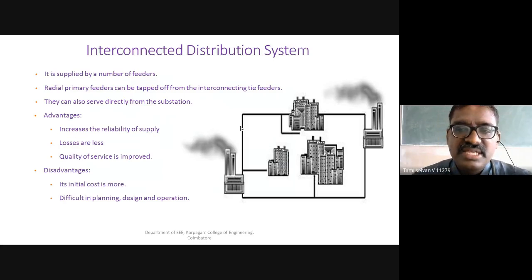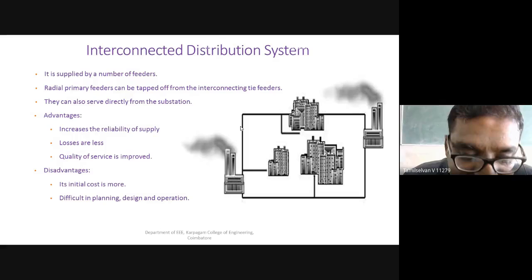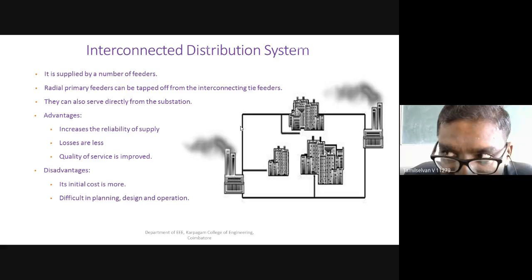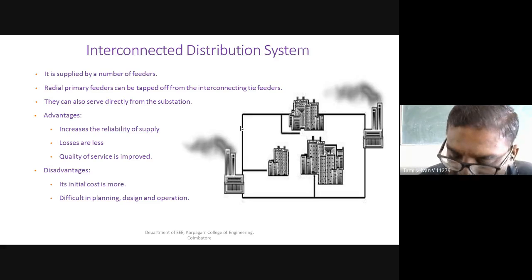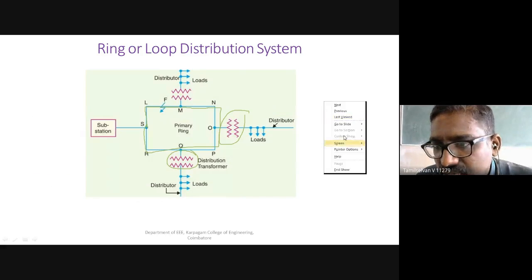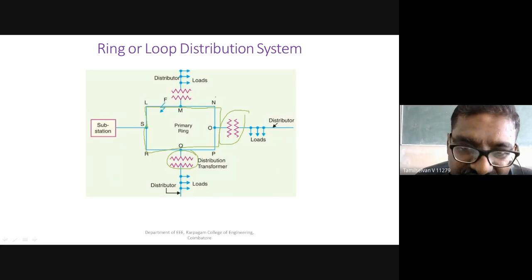Okay, so next is the interconnected system. It means that when a system is a ring system, see here, this is our ring system. So what is the interconnected system? It means our feeder is energized by various sources, connected to two sources.